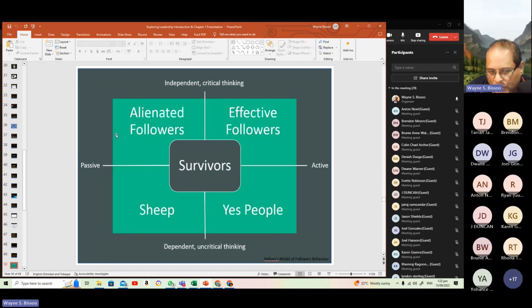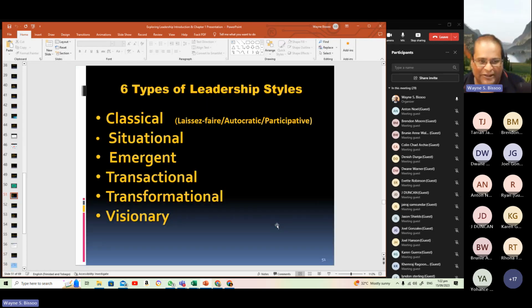Look towards getting some of your alienated people back into the effective area, and educating your sheep and your yes people into being more independent and critical thinking. Now, again, maximum leaders don't like that. They prefer everybody to be sheep and yes people. They don't like the upper two, because they can challenge an individual and they may not like it.